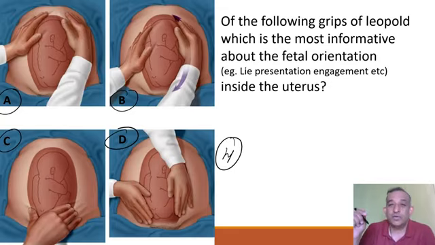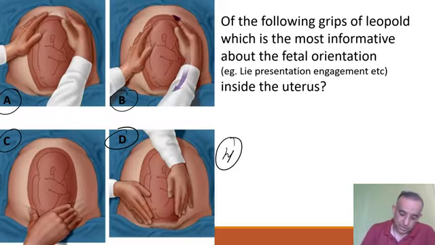In my exam, I remember in JIPMER days, in MBBS exams, there used to be one set question: please show us the grip which is going to give you all the information. Just one grip of the 4 Leopold maneuvers, and we were expected to go into the fourth maneuver.